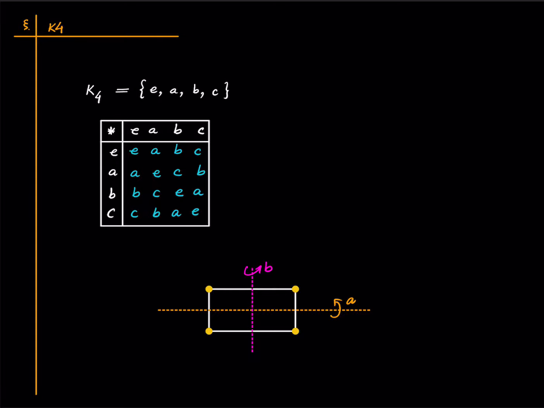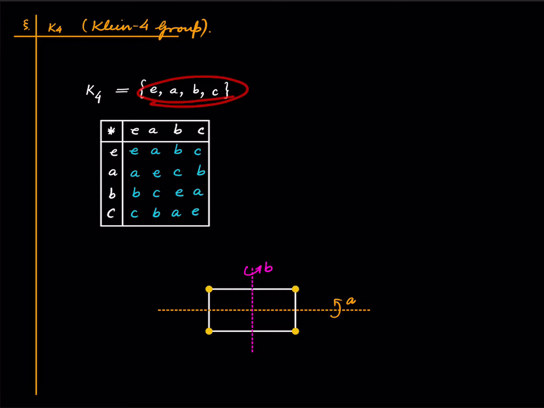The first is the Klein-4 group. So what is this group?